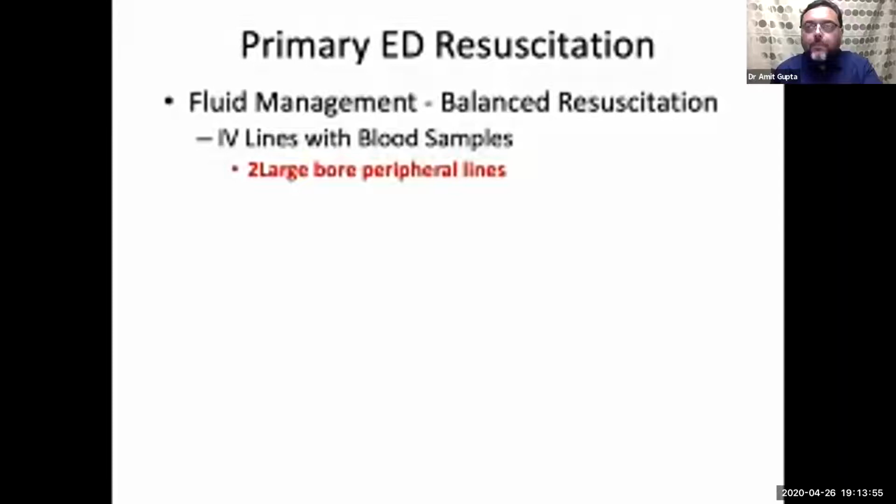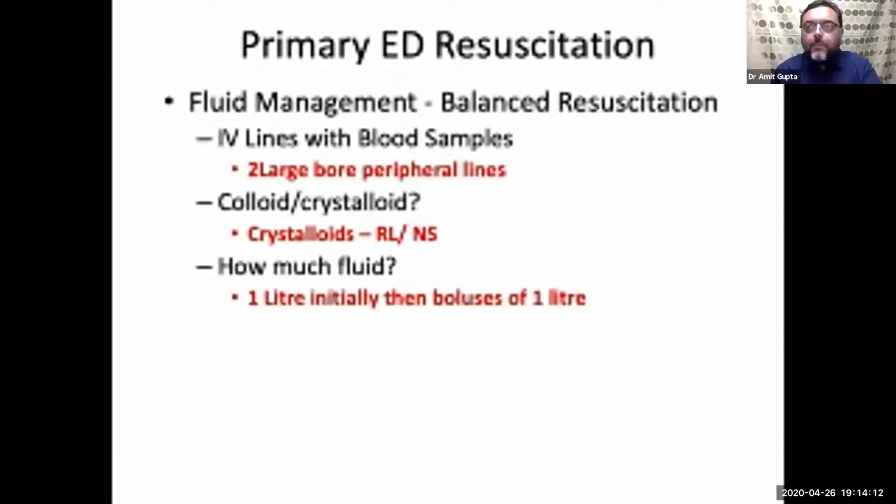So the latest ATLS guidelines say initially you give a bolus of 1 liter of crystalloid, and call for blood. That means as soon as you put in the peripheral lines, take out some samples and send for grouping and cross matching and order blood as soon as possible. But if the blood does not arrive, don't leave it at 1 liter only. You can give boluses of 1 liter and keep on resuscitating the patient.